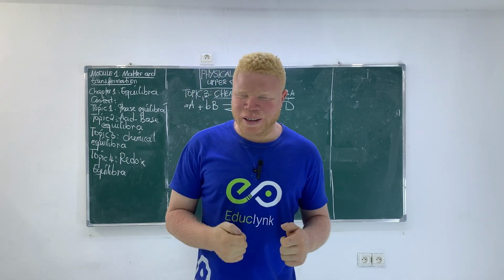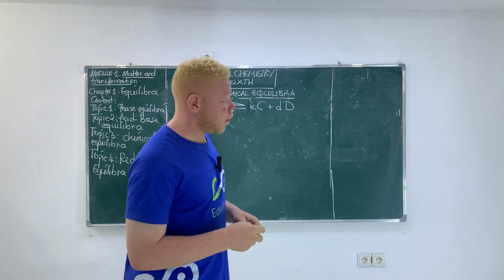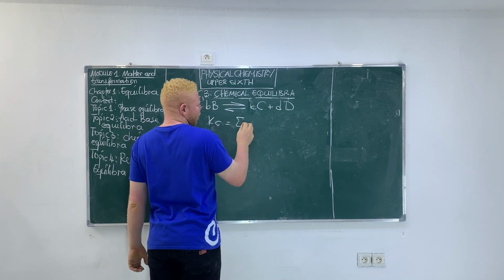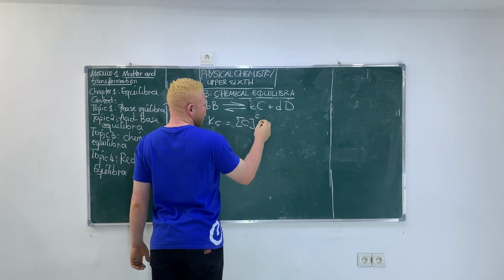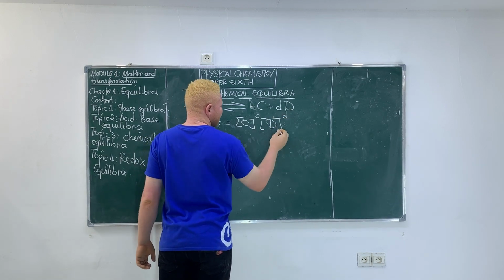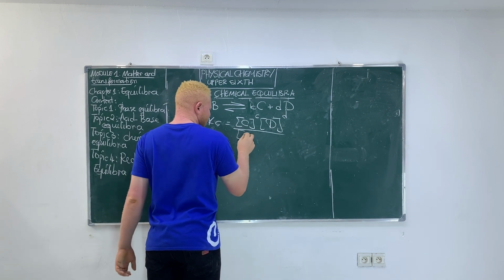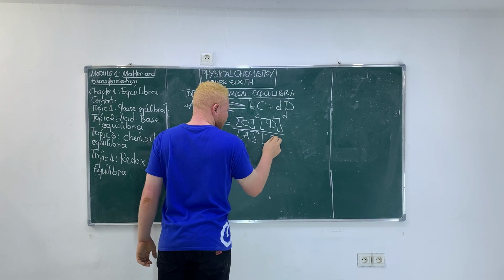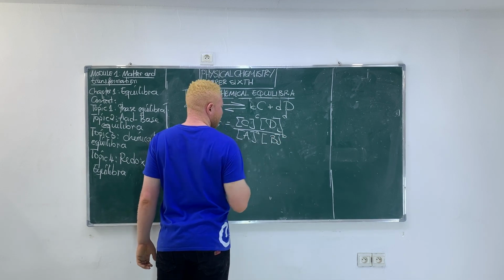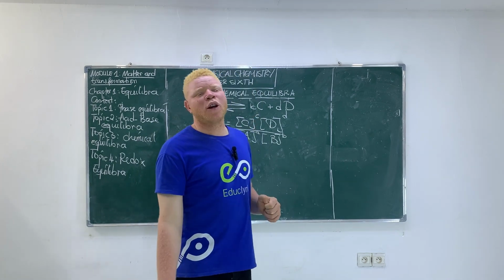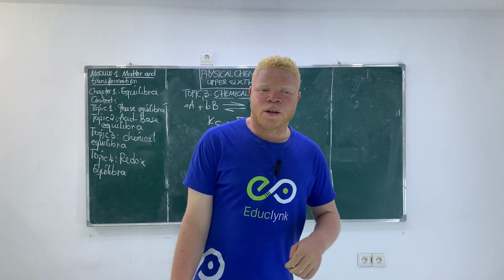The equilibrium constant Kc is given by Kc equals concentration of C to the power c, concentration of D to the power d, divided by concentration of A to the power a, concentration of B to the power b. So, in a nutshell, the equilibrium constant Kc is simple.